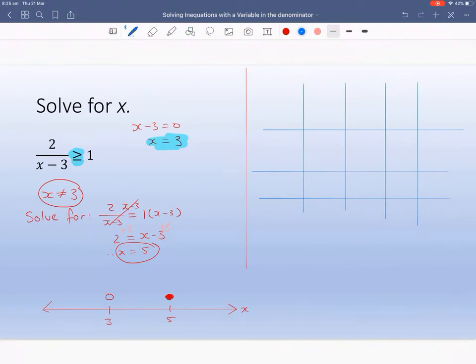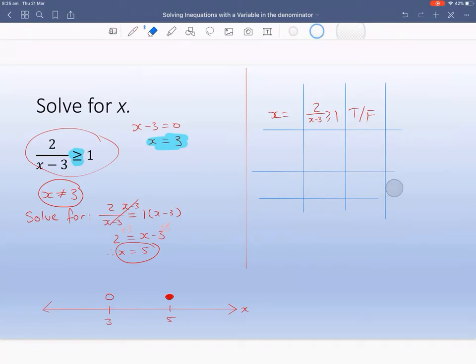So what we're going to do is, these are values of x equals, so I'm going to make x equals, and then I'm going to put this in here. So 2 over x minus 3 is greater than or equal to 1. And then I'm going to go true or false, okay? So what I'll do is I will get rid of these other things because we don't need them, okay?